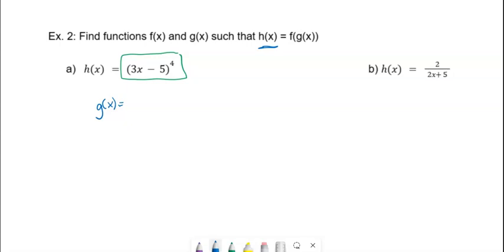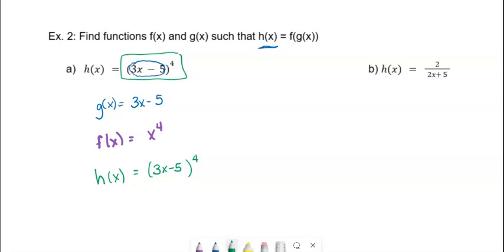Sometimes it'll be easier to find what could be plugged in, and sometimes it'll be easier to find what the parent function was. In this case, I see that all of this is a group, and that could be g of x. If that was g of x, that would mean that f of x was x to the power 4. So if I were to create h of x as a composite function, I would take f of x and plunk in g of x.